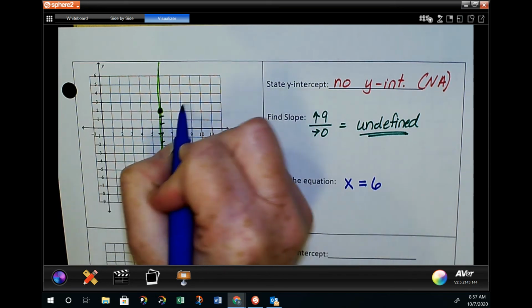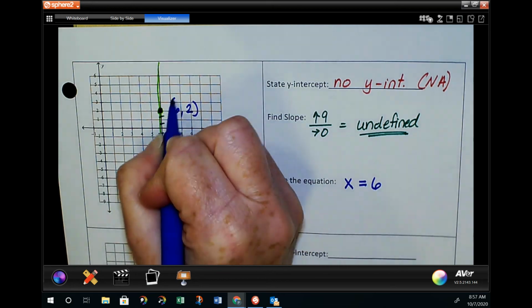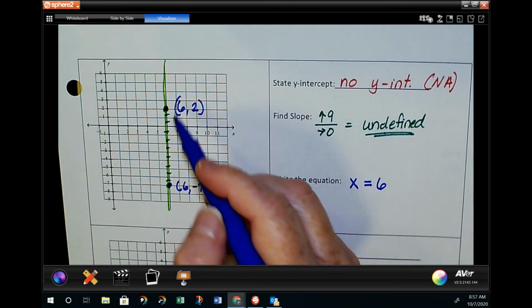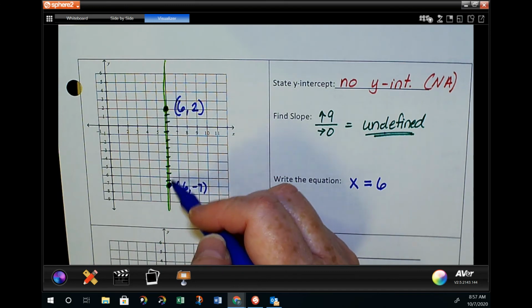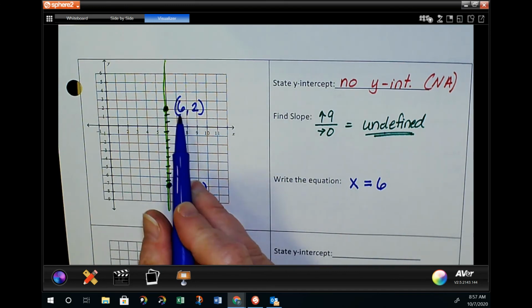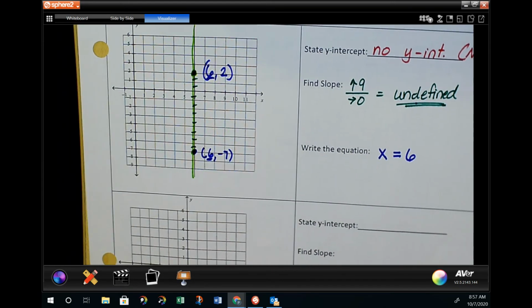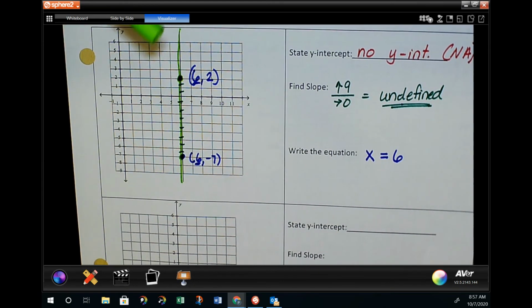If I look at this point, it is 6, 2. So when you have a slope that's undefined and it's a straight up and down vertical line and they have the same x, then you write your equation as x equals 6. It's a trick question. So I'd star that because that's a common mistake that most of us make.